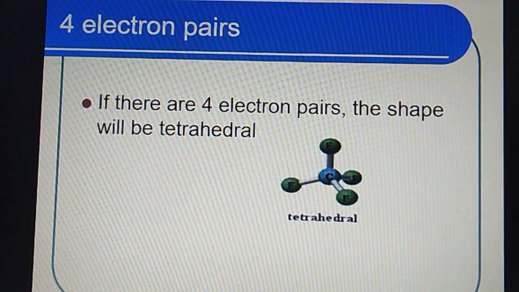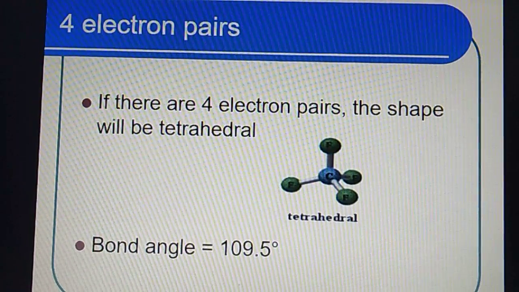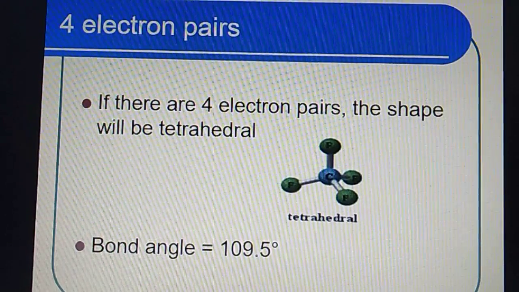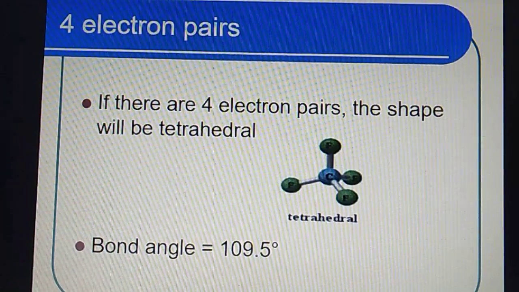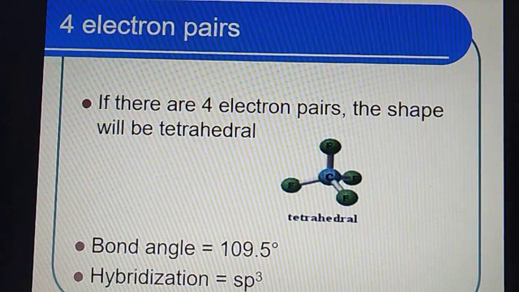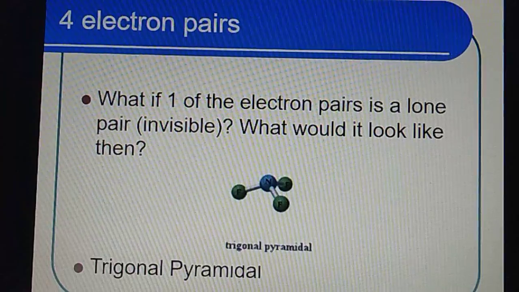The bond angle is 109 degrees 5 minutes. In the next slide, the hybridization will be sp3. Hybridization is sp3 if there are 4 electron pairs.